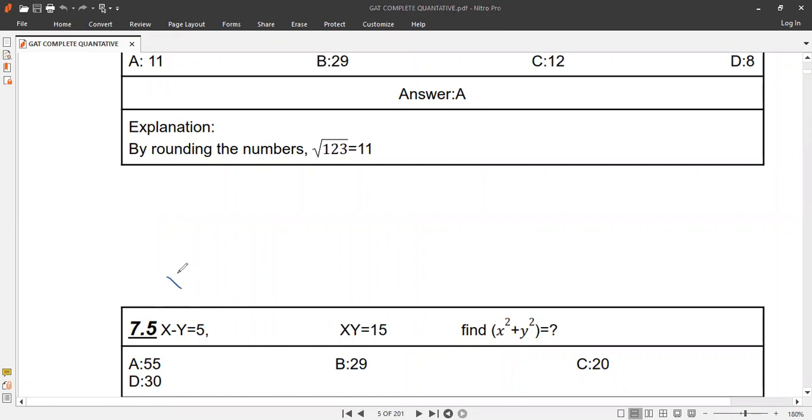But you remember that we have x minus y power 2, this very famous rule, equals x power 2 plus y power 2.